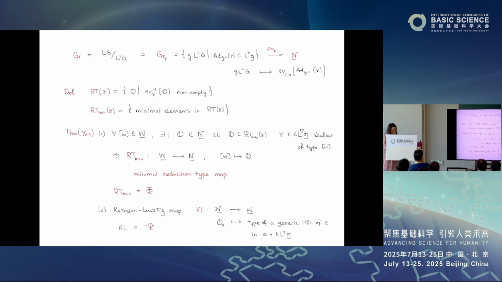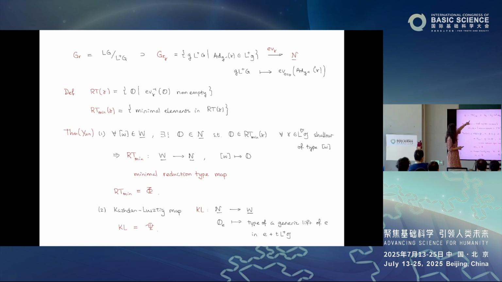Okay, and then we can define reduction types for elements in this topologically nilpotent regular semisimple part. The definition is the following. You look at the affine Grassmannian, which is the loop group quotient by the maximal compact subgroup. And then inside it, you can consider an analog of the Springer fiber, which I denote by Gr sub gamma.